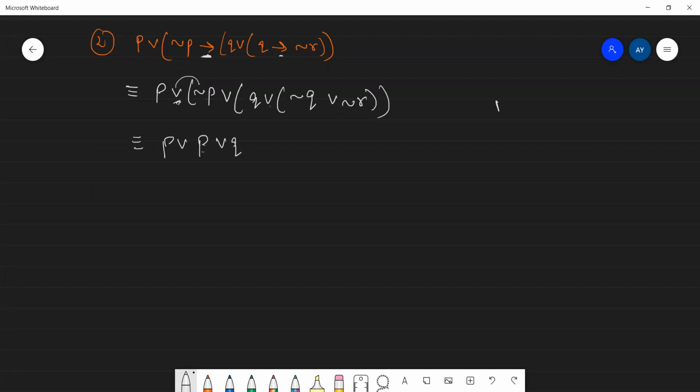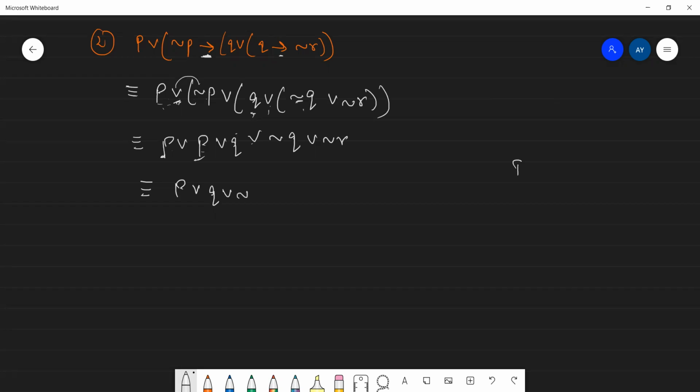If you distribute, it will be P or negation P, and then you will again have P or Q. So you'll have all these things. I'm just directly writing it. You'll have P or Q, or negation P, negation Q, or negation R. This is P. Again, P or negation P gives you P. Again, writing Q, taking out the brackets, or negation Q or negation R. So this will be equivalent to P or Q or negation.